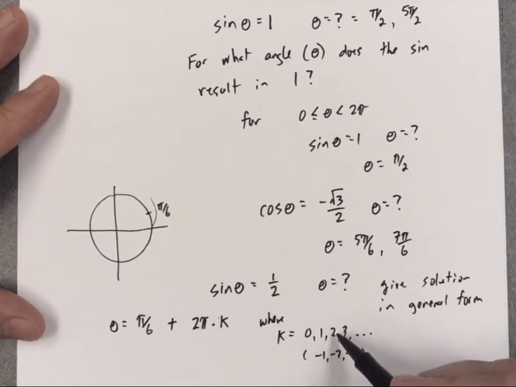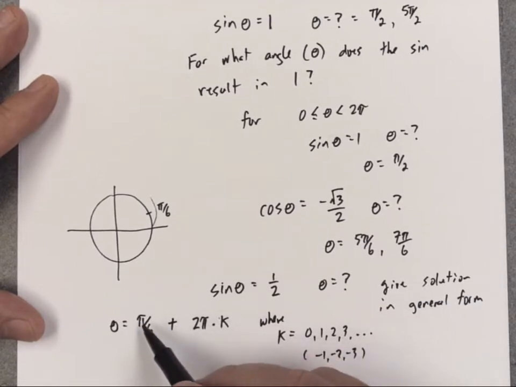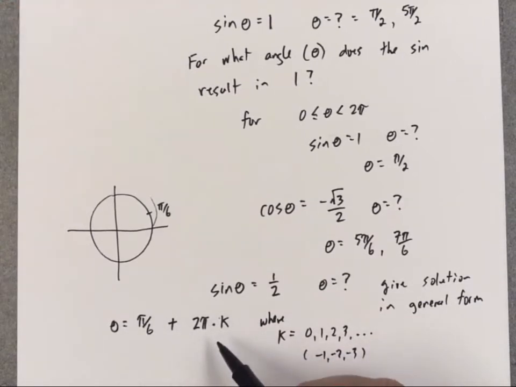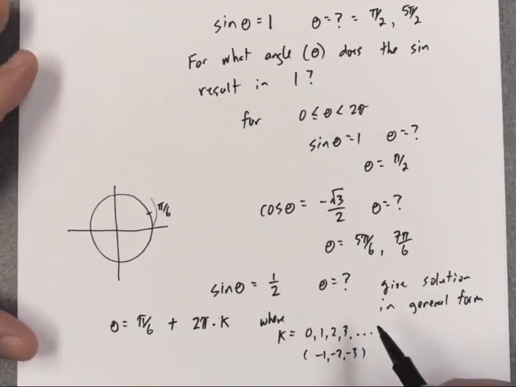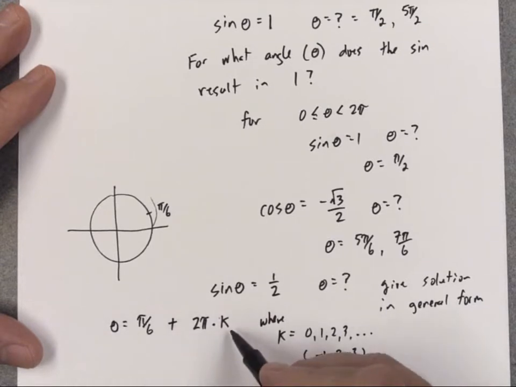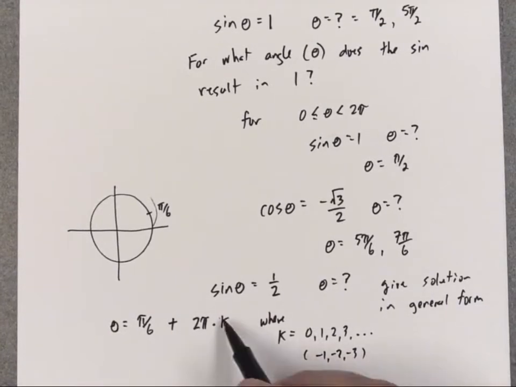If I want to get another solution, I plug in k equals 2. 2 pi times 2 is 4 pi. 4 pi plus pi over 6 is 25 pi over 6. In other words, you can keep going forever. So this is a way that we can write the solution that actually covers all the different possibilities.